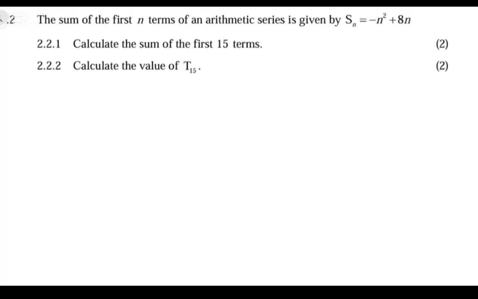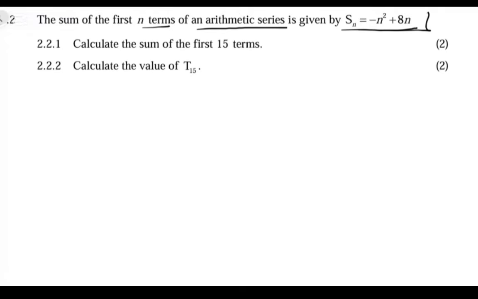So our next question says the sum of the first n terms of an arithmetic, I want you to underline that, of an arithmetic is given as a formula. They didn't give us the actual number of the sum, but they gave us the formula there. Perfect. They say calculate the sum of the first 15 terms.